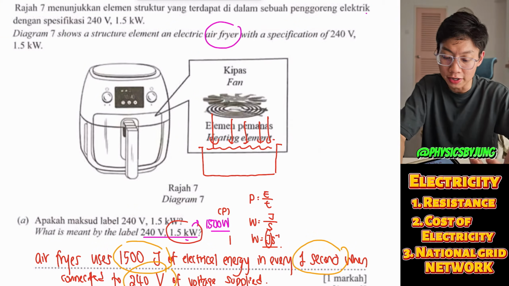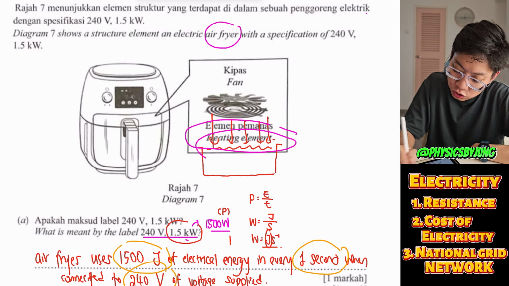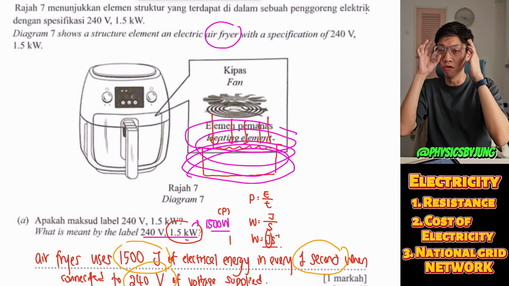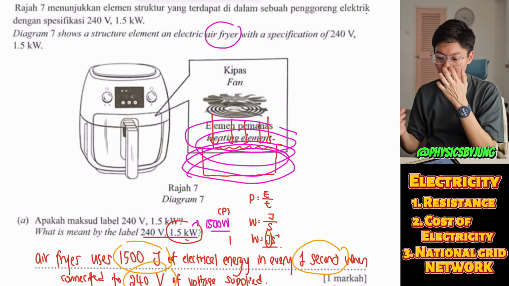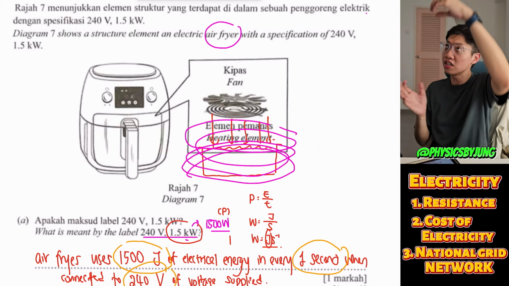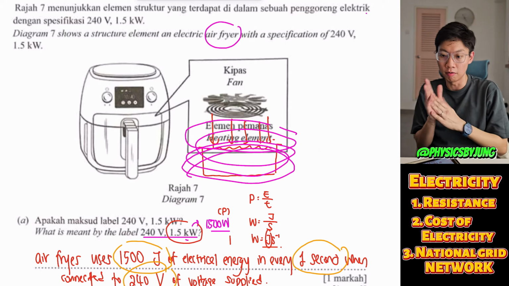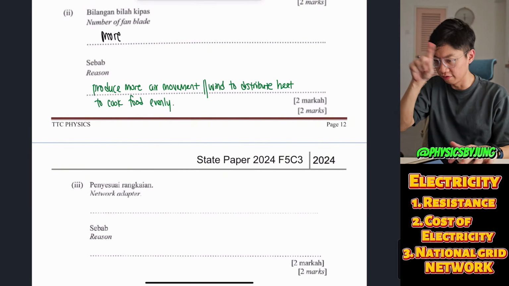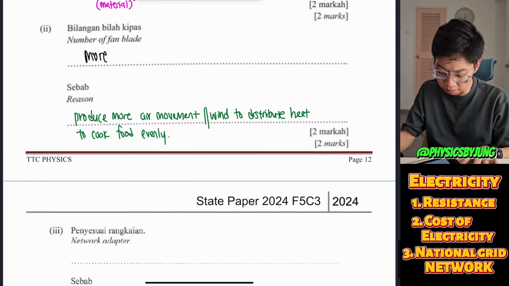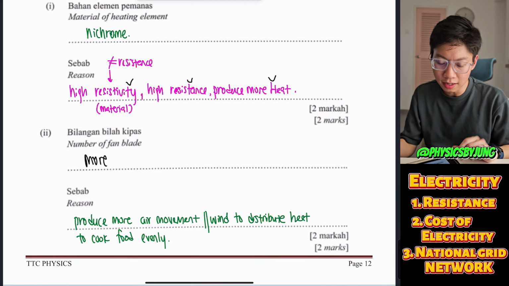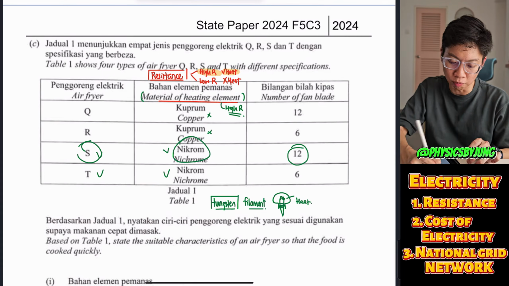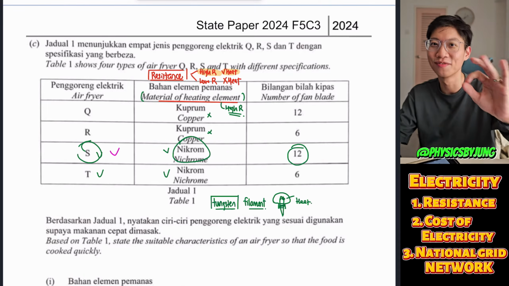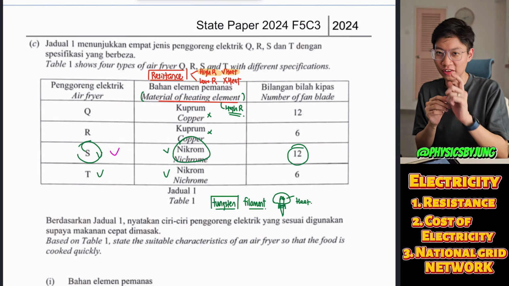But in reality, you want the wind to distribute the heat so that the heat can surround every part of your food so that it will be cooked evenly, not just the top part, because the heating element is on top. So that's why in ovens and most of those cooking appliances, you have the fan to distribute the heat. So ultimately, our choice is going to be air fryer S. Okay, alright? Now, we are done with the first question already.